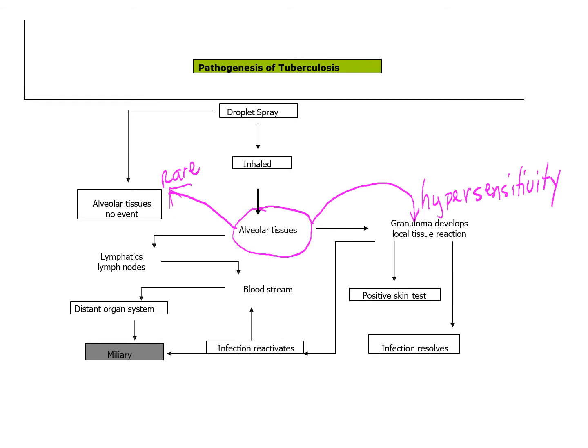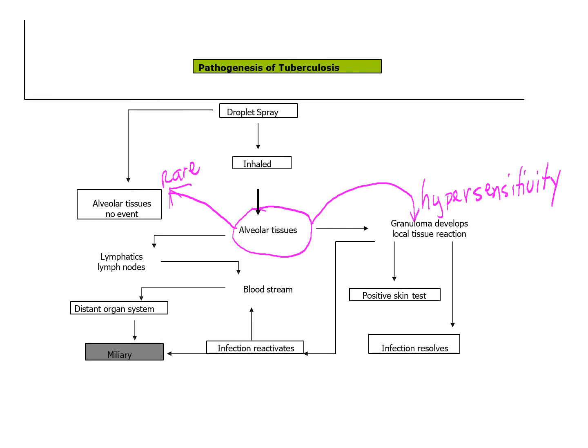If there is little antigen and a strong hypersensitivity reaction, a hard tubercle or granuloma might be formed. The granuloma is an organization of lymphocytes, macrophages, fibroblasts, and capillaries along with fibrosis and encapsulation.